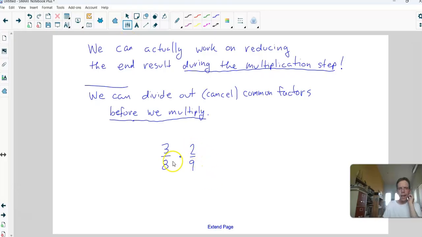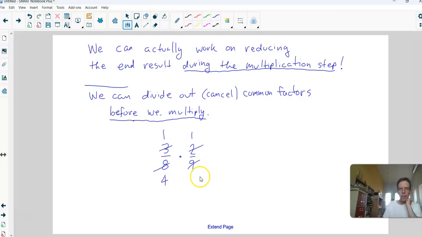Notice that we could take either numerator number and either denominator number and look for common factors. So 2 and 8, right? Those are both divisible by 2. 2 goes into 2 once, 2 goes into 8 4 times. How about 3's? 3 and 9, right? If we divide 3 into 3, we get 1.